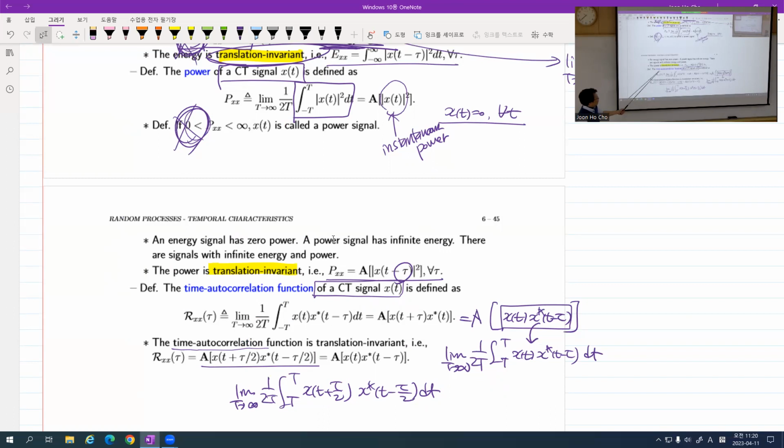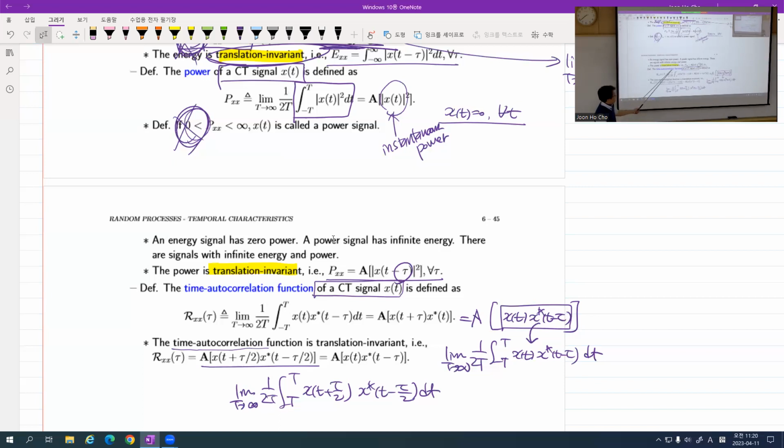Now, we define the time autocorrelation function of a deterministic signal. And that is x of t times x of t minus tau conjugate, dt. And you integrate over the interval of length 2T, so you divide by 2T. And you integrate.